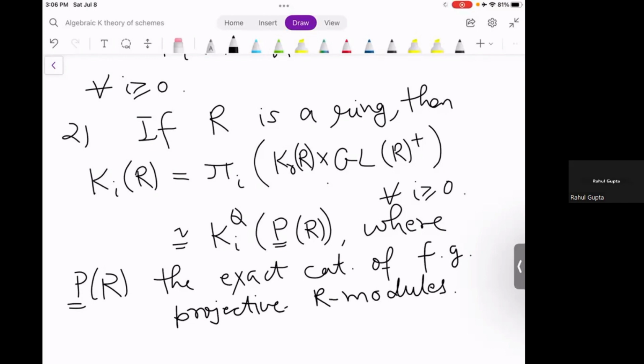This is the exact category associated with any ring, and we take the K-theory of that in the sense of doing the plus construction.